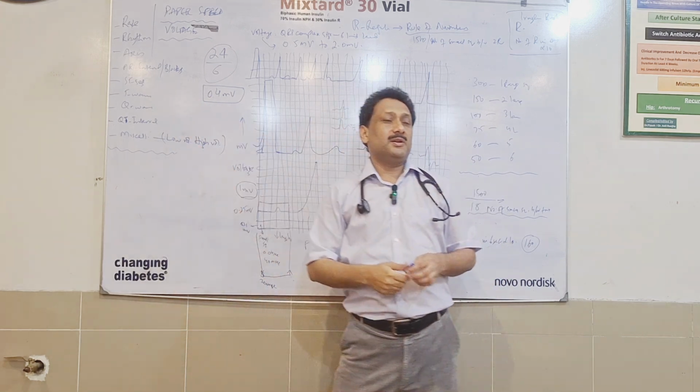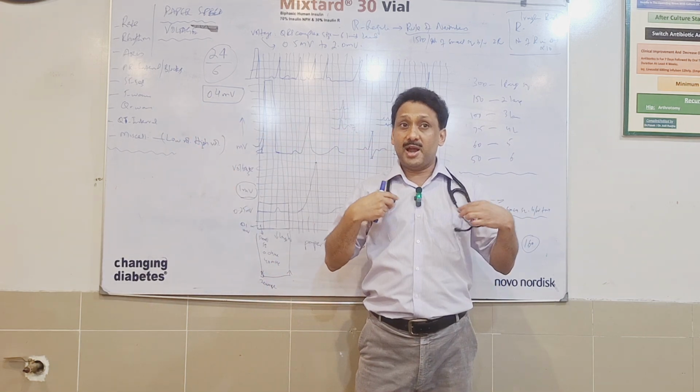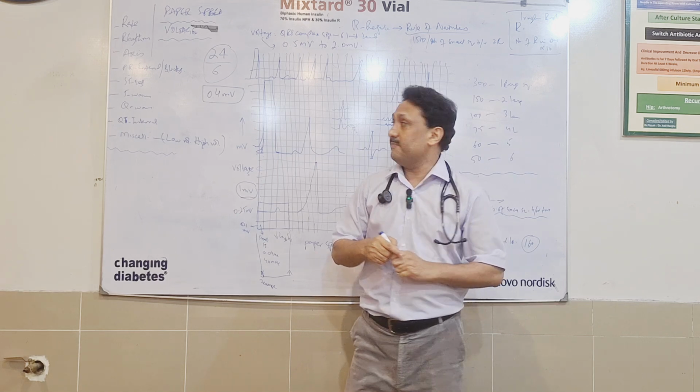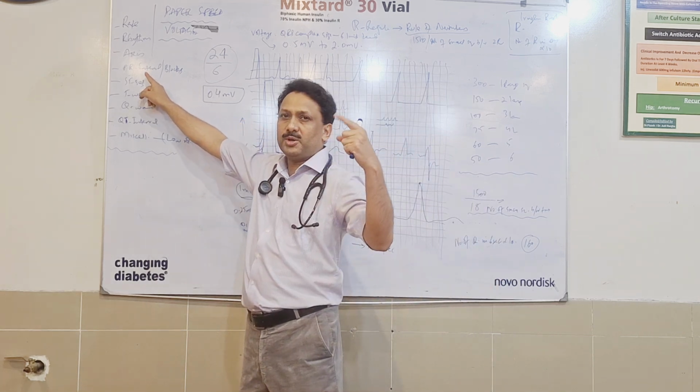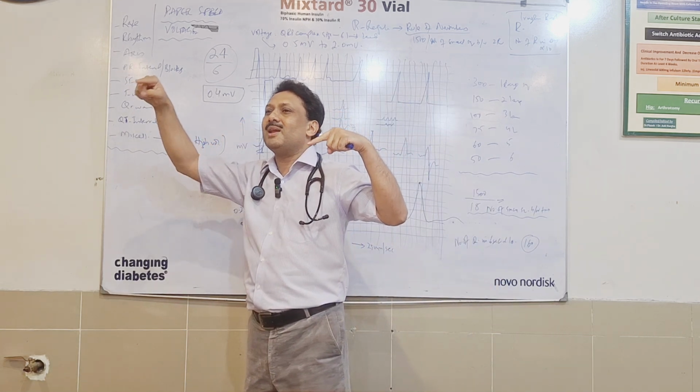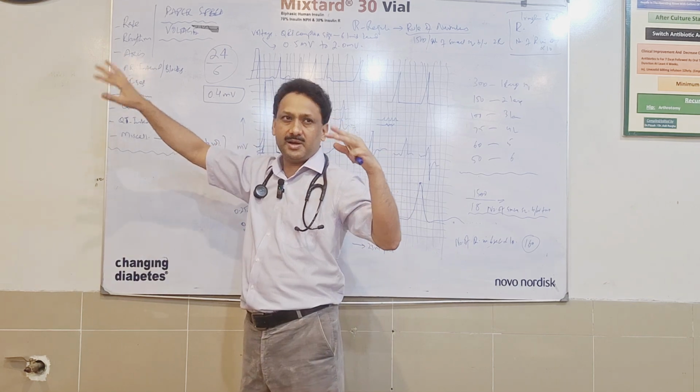Talking about the very important blocks, I would like to mention them here. We have gone through the topic of these blocks in arrhythmias: first degree, second degree, third degree.